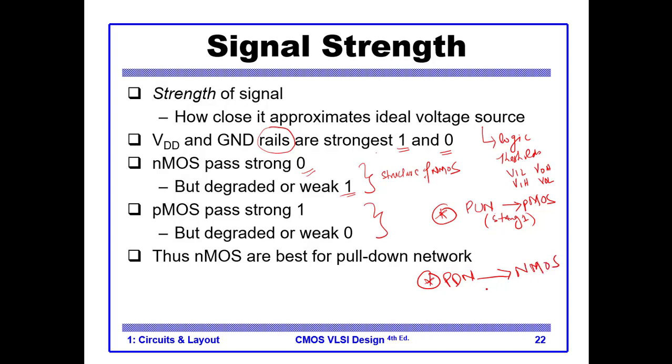What is the reason? It passes a strong 0. This is important, and it tells us why the pull-up network is PMOS and the pull-down network is NMOS.